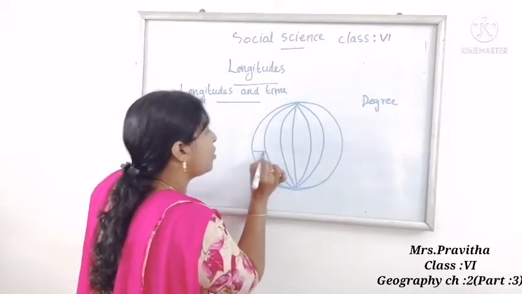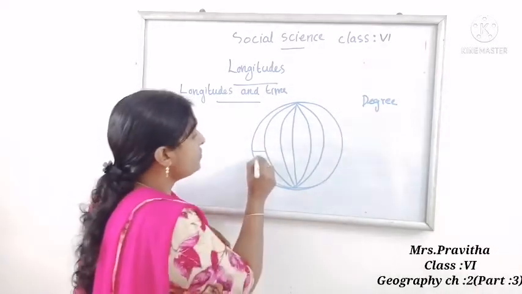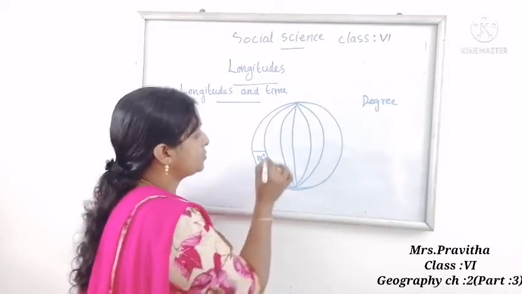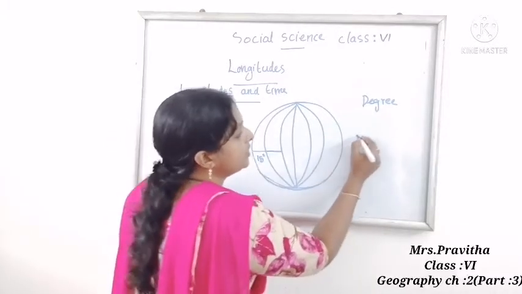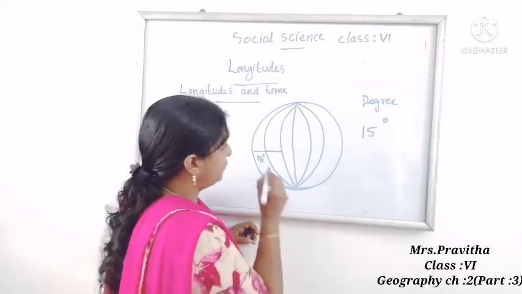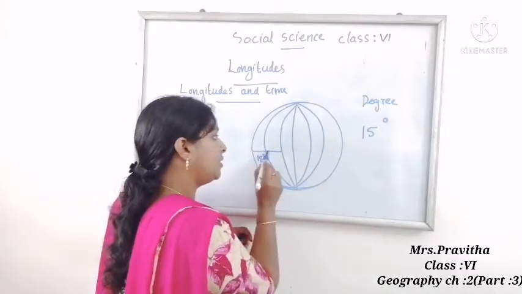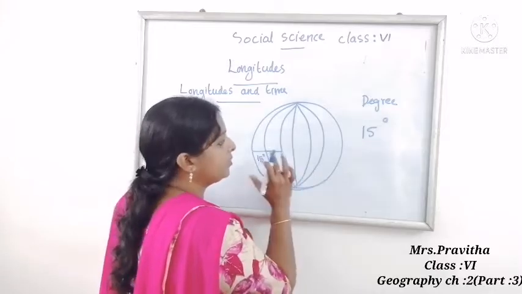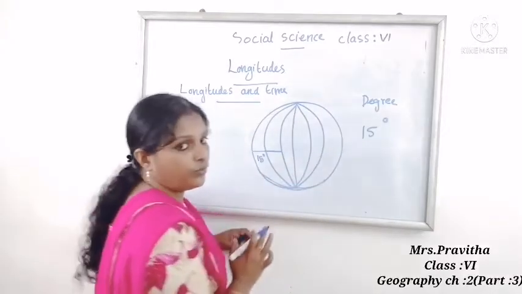Each longitude has how much degree difference? 15 degree difference. Each longitude distance is 15 degrees.